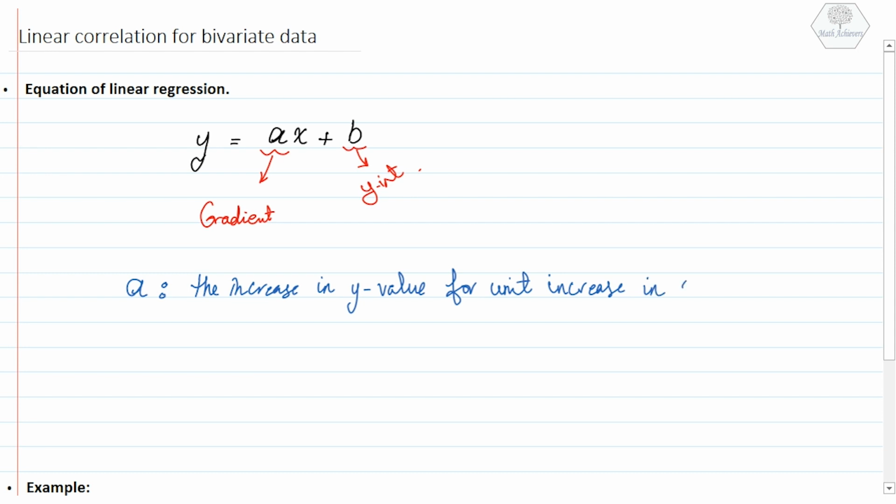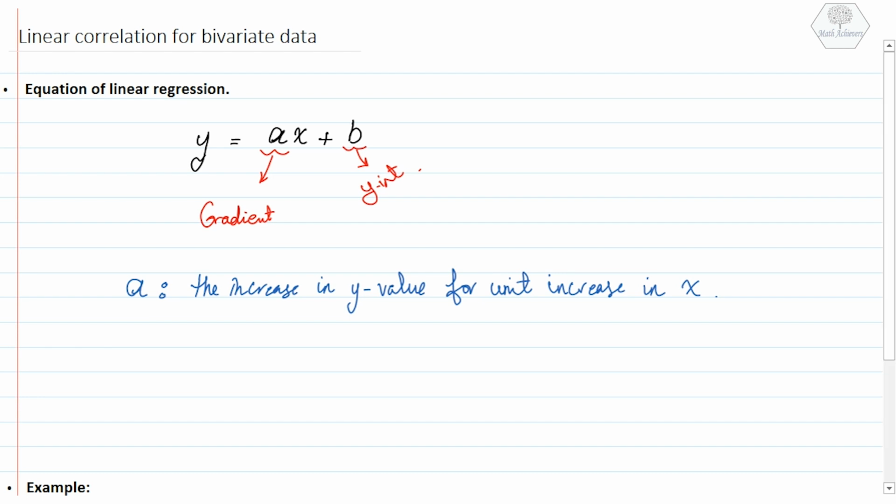For example, if an employee's salary is modeled against his working hours per month, the value of a, which is the gradient in this case, will be the increase in the employee's salary for each extra working hour he does.